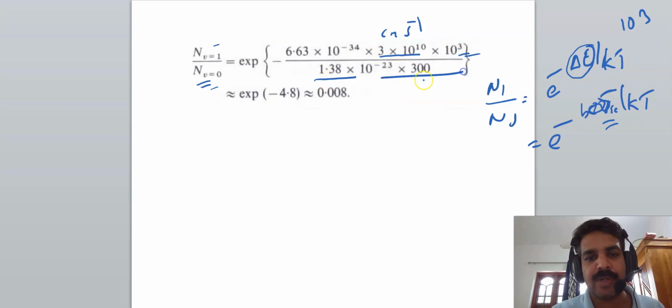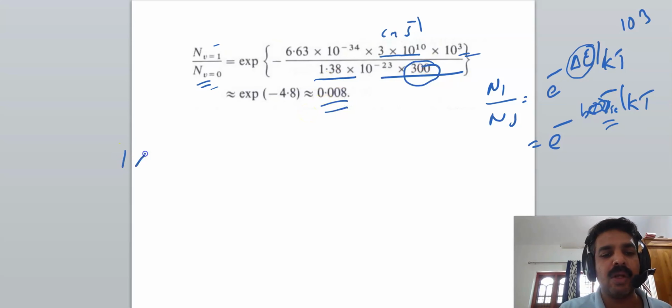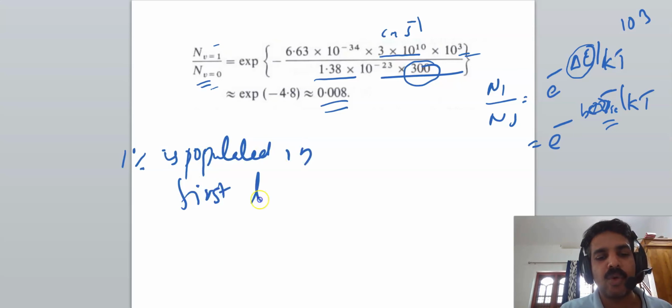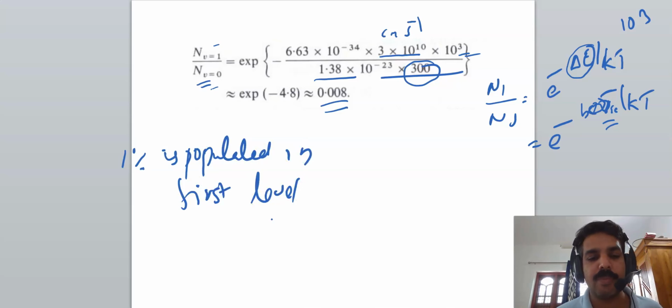By substituting these values, and k and temperature 300 Kelvin, we get 0.008. That is approximately only 1% is populated in the first level. So at room temperature, the first level is only negligibly populated.